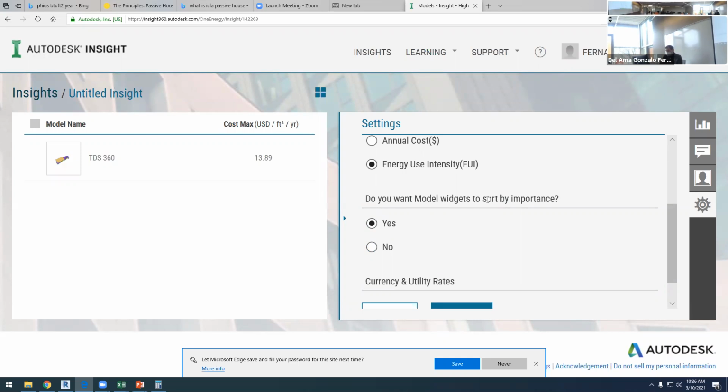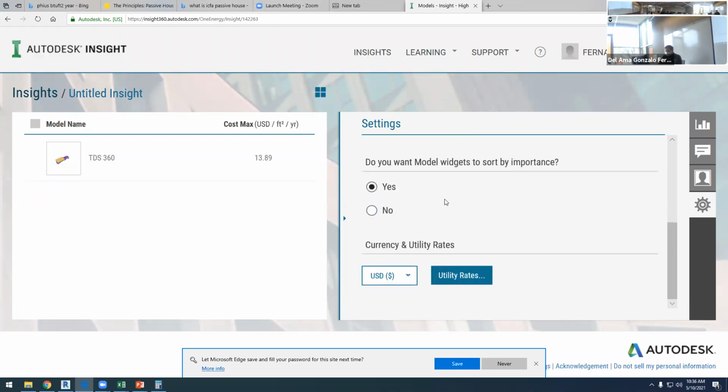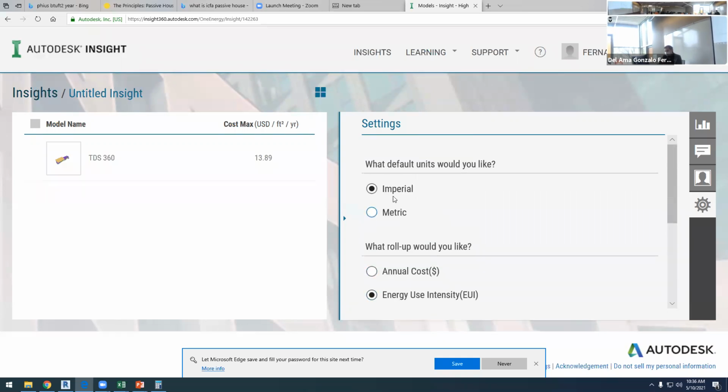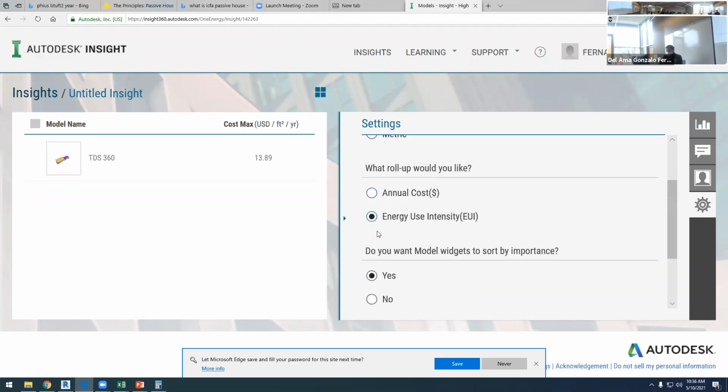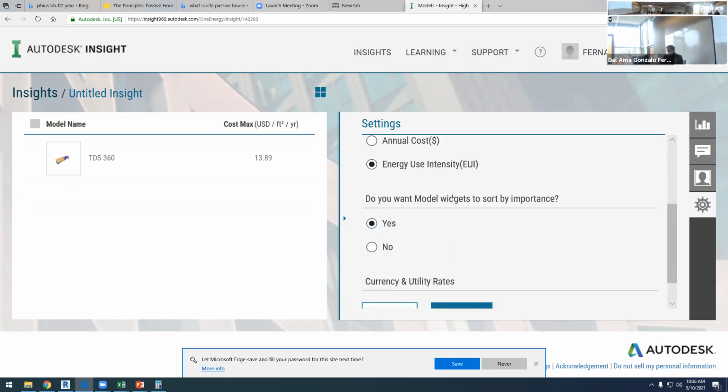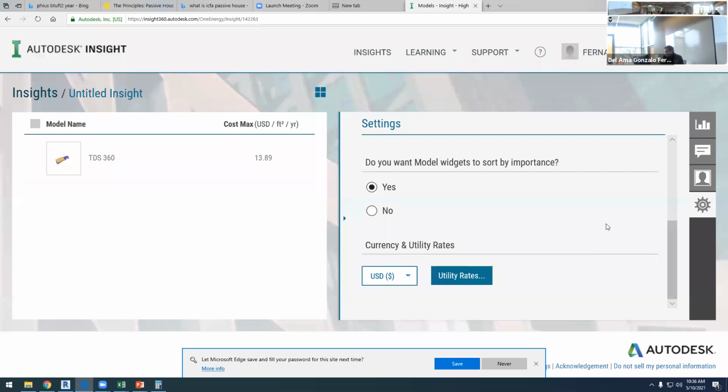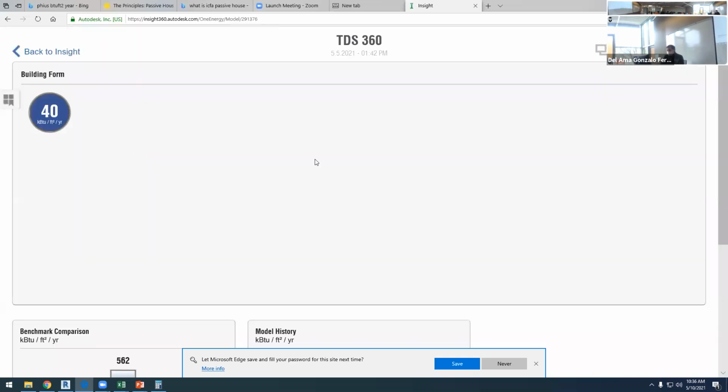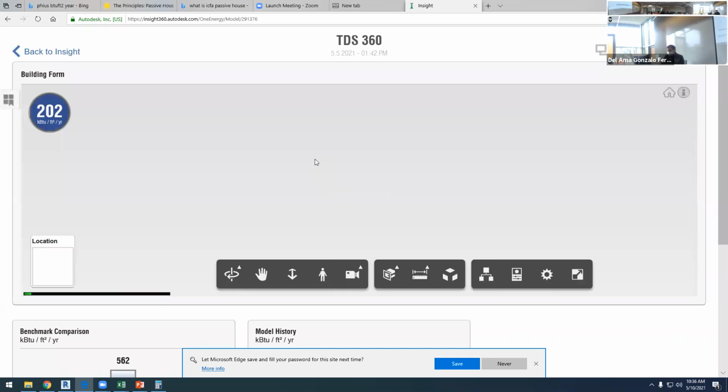You want model widgets sorted by importance, so click yes here, because this is what we're going to do now. So you can select Imperial, energy use, and sort widgets by importance. Once we are done with this, we can click on the analysis, and there you go.